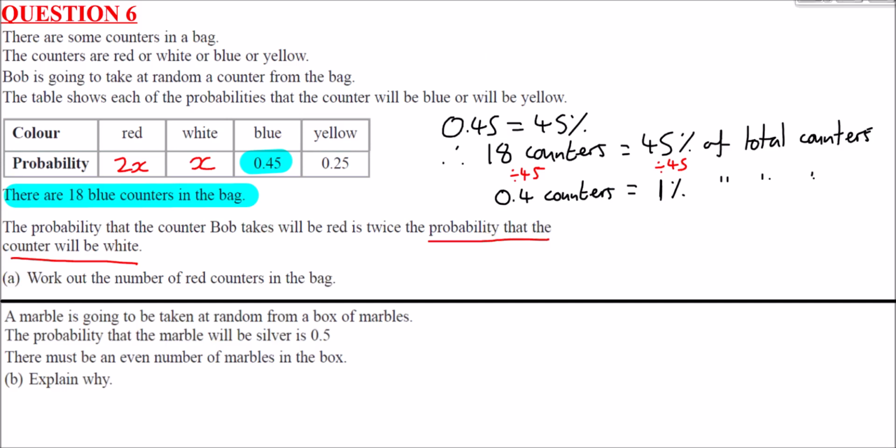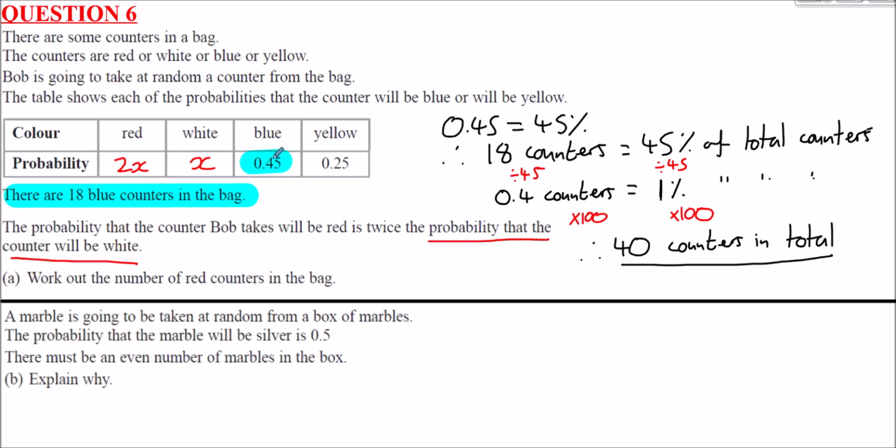Now times by 100. 0.4 times 100 is 40. So therefore, there must be 40 counters in total. So we're going to use that to help us answer the question.